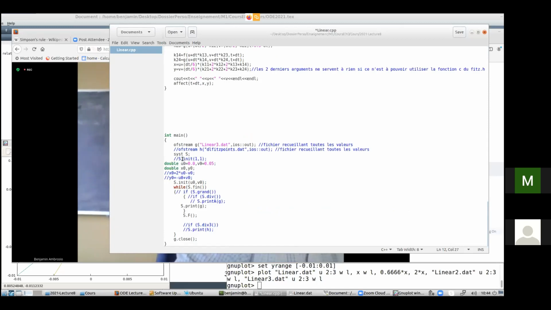I can do something now. For example, the first initial conditions that I chose were u0 equals 1 and v0... so this is too close.